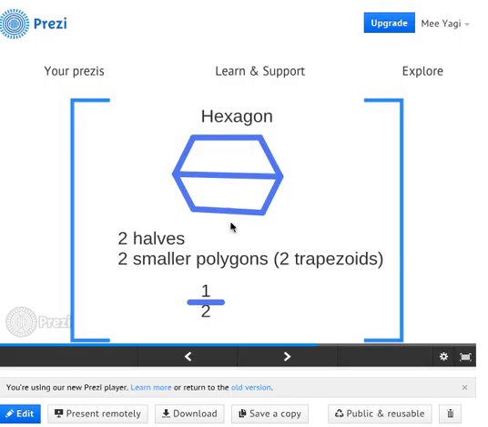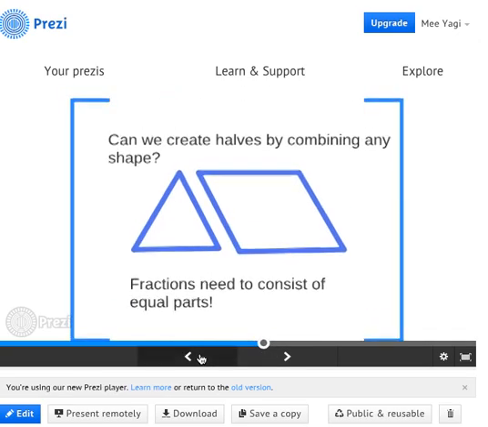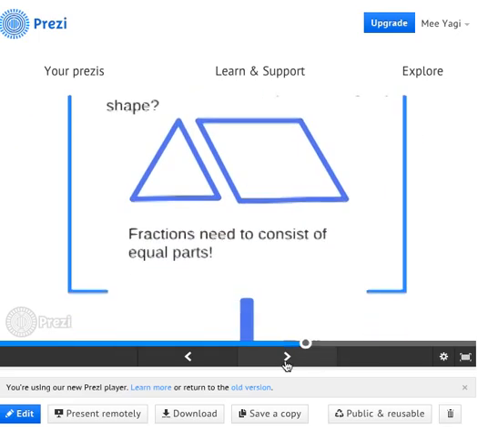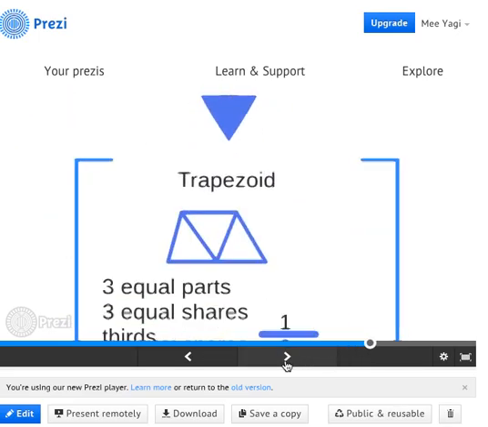This hexagon can also be split down the middle, going vertically, just like we have seen with the square. See, so it can be divided vertically or horizontally. Either way, it still represents two halves.